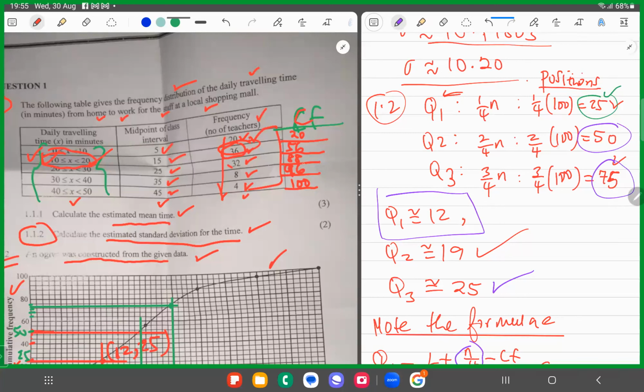If you're position 75, frequency-wise, where is 75? 75 is cumulative frequency-wise somewhere there, in the 20 to 30 class.